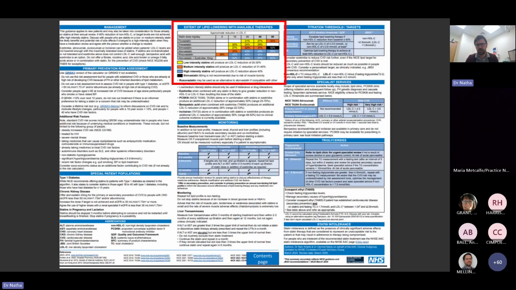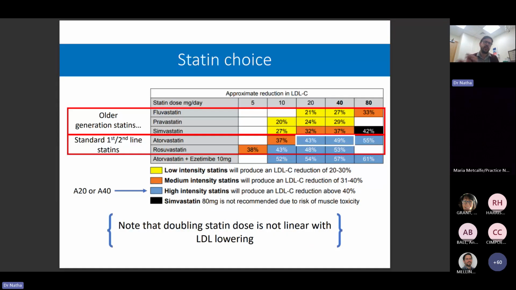So, moving swiftly on to what actual therapies you initiate, which again the national guidelines summarize really well. Our suite of statins has broadened over time, and I really just want to demarcate the statins you have available into two distinct sections. You've got fluvastatin, pravastatin, and simvastatin, which will now very much be regarded as older generation statins.